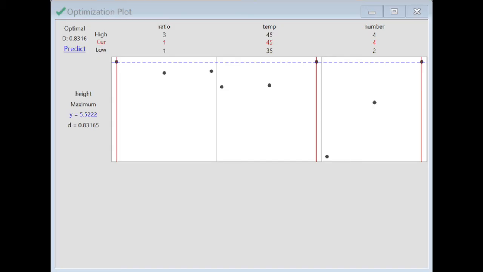The response optimizer indicates we should set ratio at 3:17 shampoo to water, the temperature of water at 45 degrees centigrade, and the number of pressing at 4 to maximize the volume of bubble.